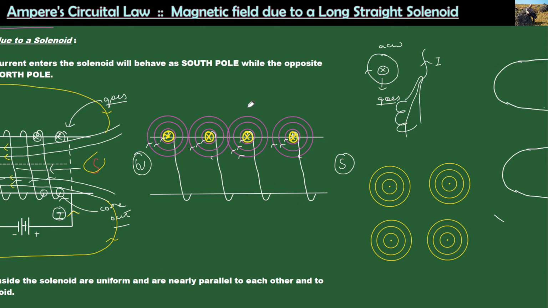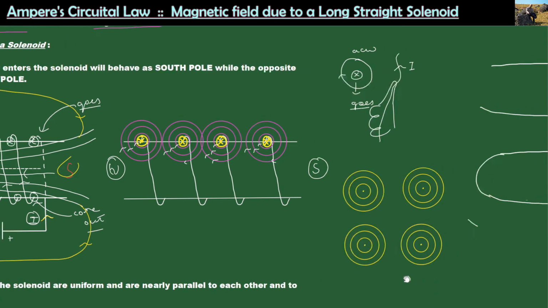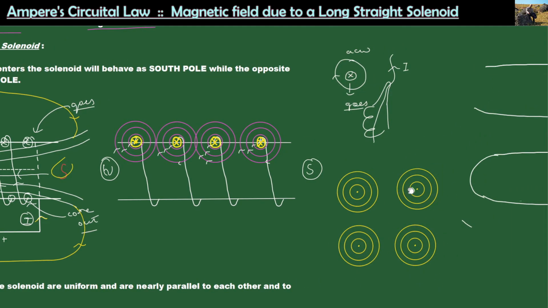So if I take the total effect of all these loops, I can represent it by this vector.